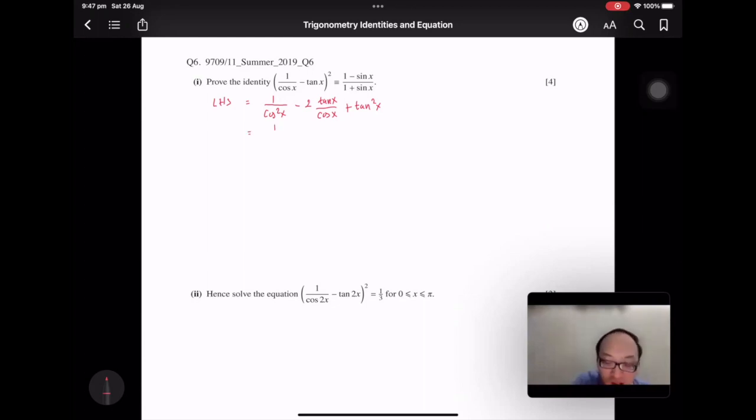So 1 over cos square, I can use cos square x equals to 1 minus sin square x. So 1 over 1 minus sin square x minus 2 tangent. Tangent is sin x over cos x over cos x plus tangent is sin x over cos x squared.